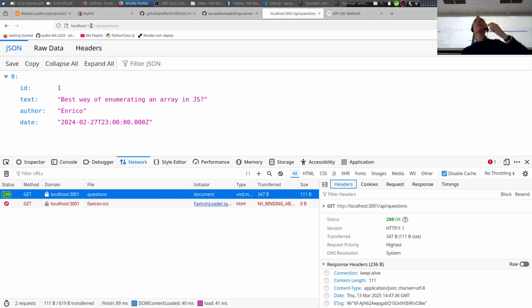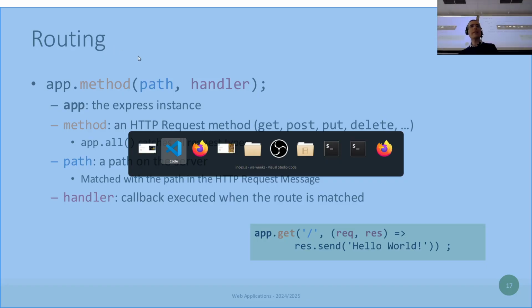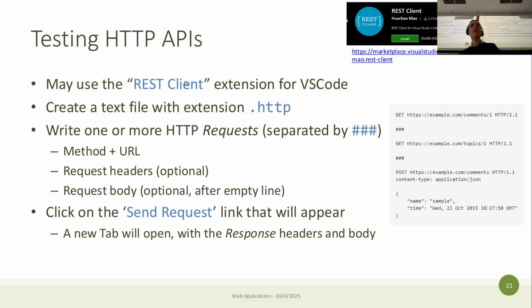But how do you do a POST? You need an application. We also have another way, the one suggested in the slide. That's an extension for Visual Studio Code. Just click install this extension.